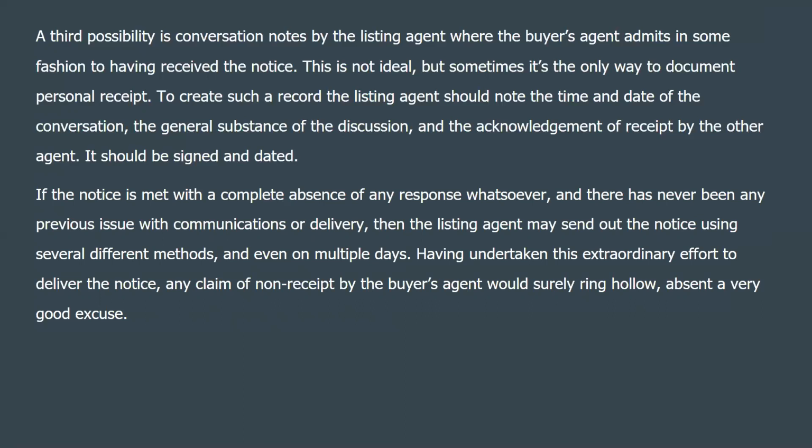If the notice is met with a complete absence of any response whatsoever, and there has never been any previous issue with communications or delivery, then the listing agent may send out the notice using several different methods and even on multiple days. Having undertaken this extraordinary effort to deliver the notice, any claim of non-receipt by the buyer's agent would surely ring hollow, absent a very good excuse.